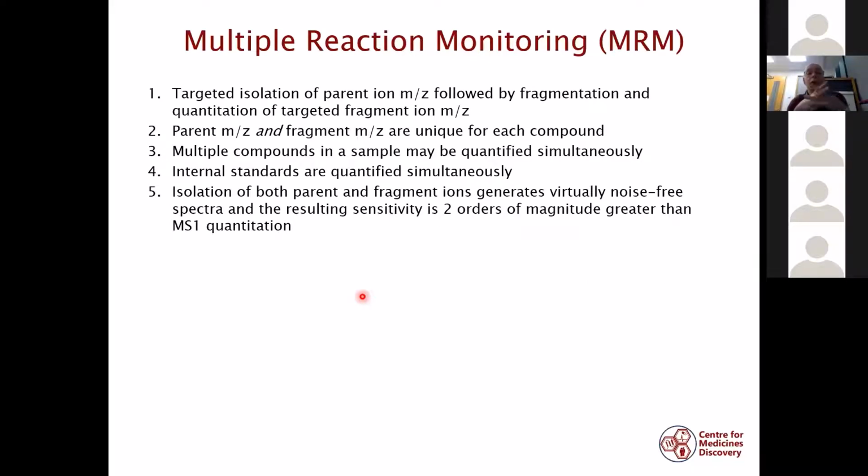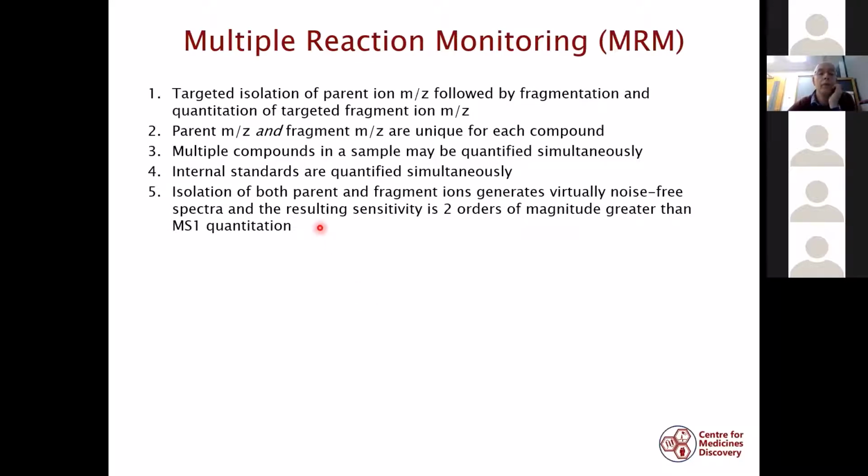So in multiple reaction monitoring, what we do is we isolate the parent ion of interest. We isolate its mass-to-charge ratio. We're then going to fragment it, and then we're going to quantify a targeted fragment of that m/z species.